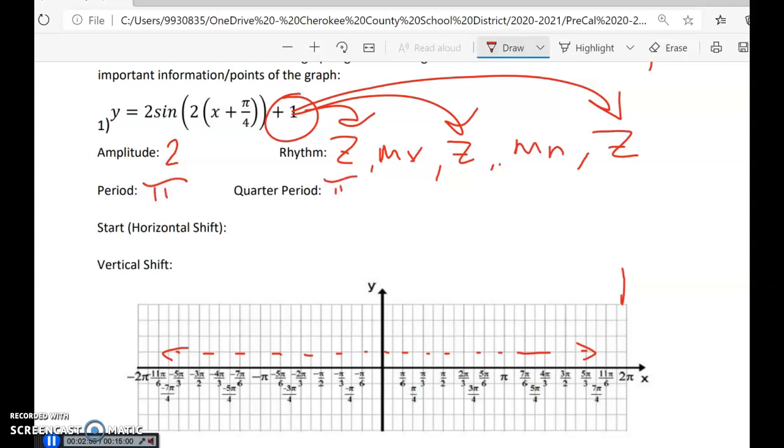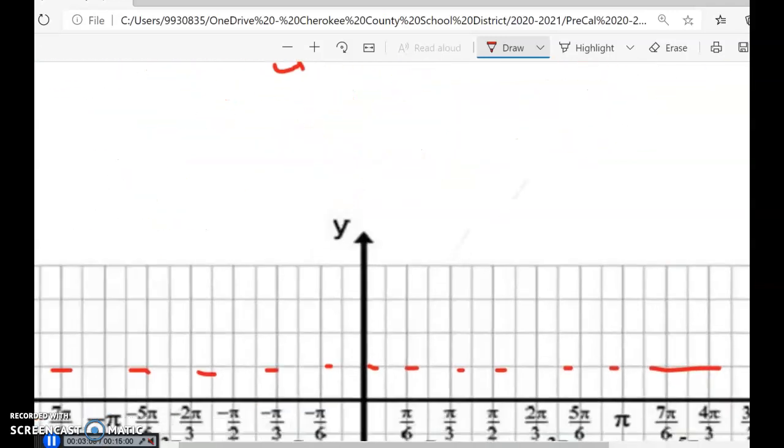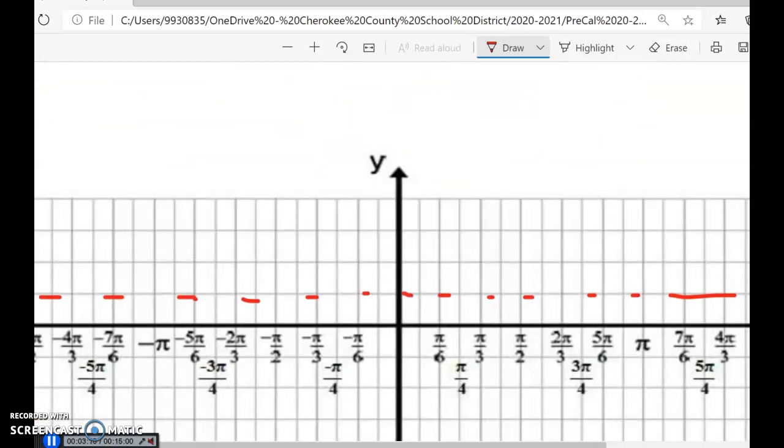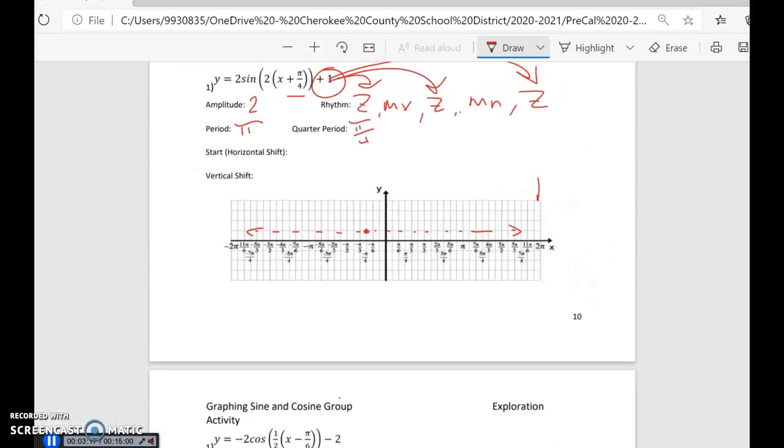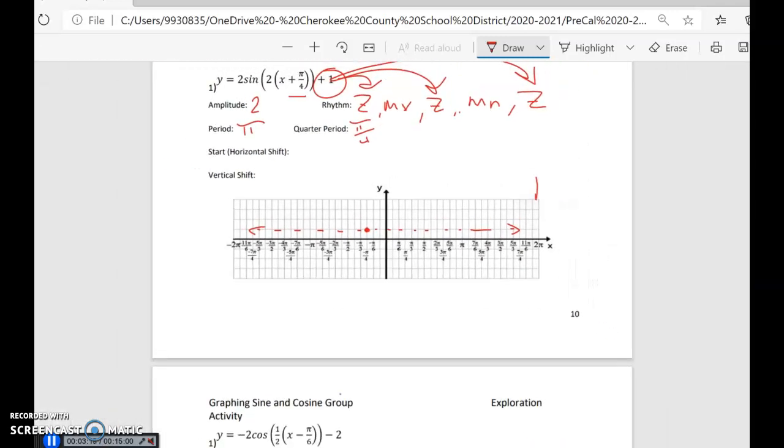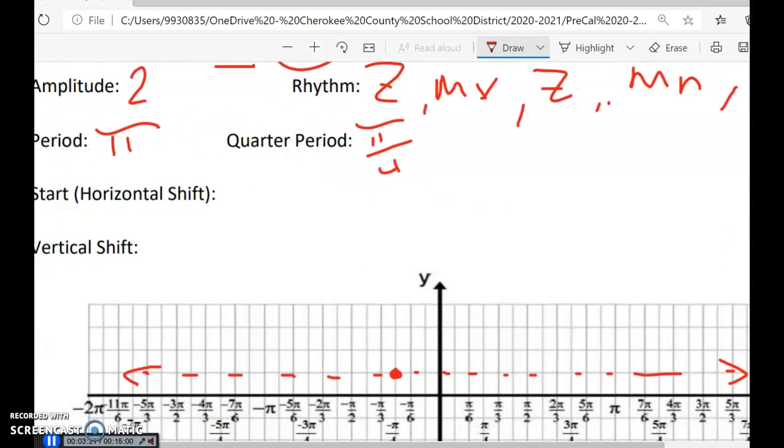My quarter period is going to be pi over 4. And my horizontal shift says plus pi over 4, so that means I'm going to go left pi over 4, and I'm going to start right here on the midline at negative pi over 4. So my first point there is going to be negative pi over 4 and 1.